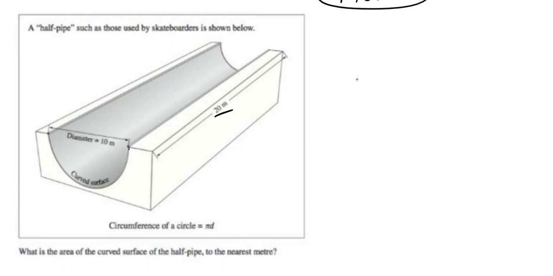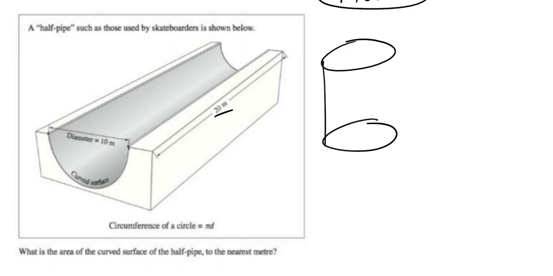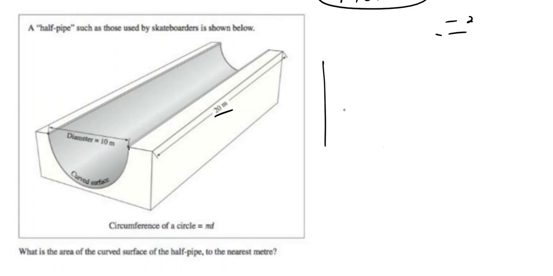Okay, well, that means if I was thinking about my cylinder from the last one, we don't have to do as much as we think, because I don't even have to find the area of these two circles, right? I don't have to do area is equal to 2 pi r squared, 2 circles, because they're open anyway. All I have to do is figure out the area of this part.